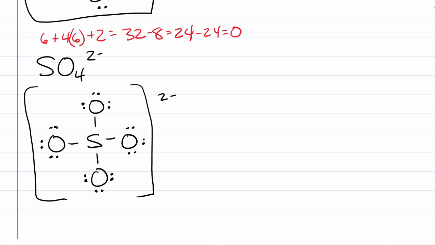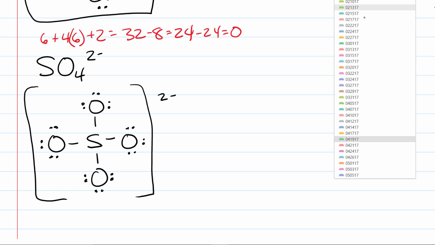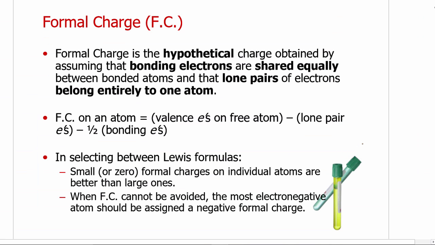And it turns out that this is not actually what we find to be the actual structure of the sulfate ion. And formal charge actually helps dictate to us what is the best structure. So we're going to start this particular one as a basis for looking at formal charge. We'll go ahead and regenerate this one.